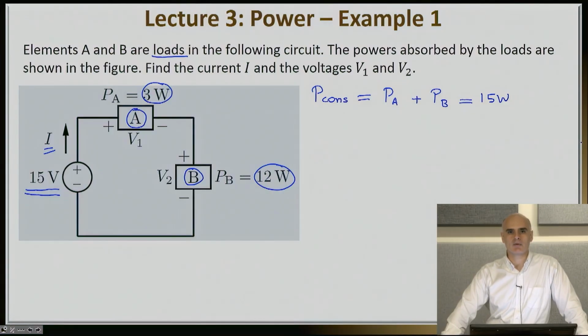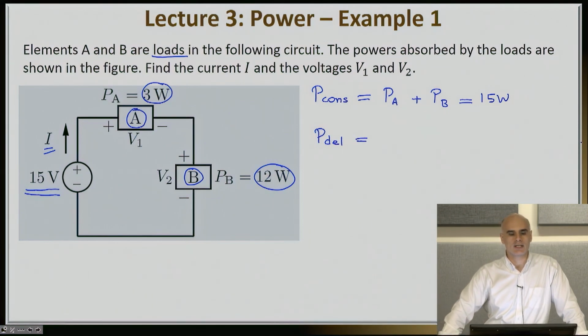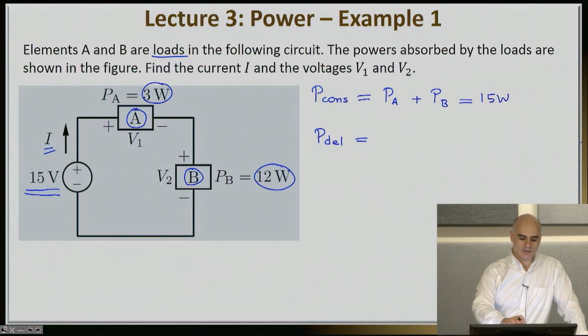That energy must be provided by somebody, and the entity providing this energy here is this 15-volt voltage source. And if I ask how much energy this voltage source delivers to the circuit, this number will be equal to V times I in the active convention.